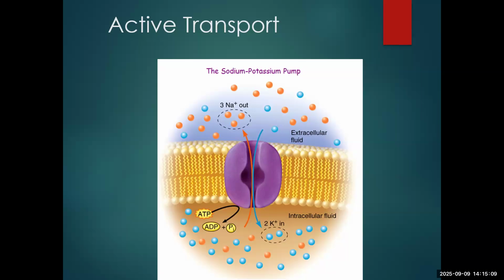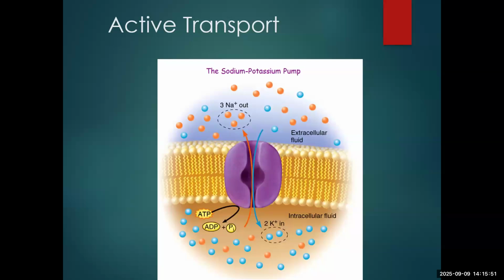Let me just tell you that this process of the sodium potassium pump throughout your body accounts for 50% of the calories that you eat every day. I want to say that again. This is so important to maintain this disequilibrium across the membrane that about half of the calories that you eat every day are used to produce enough energy to power all of these proteins that act as sodium potassium pumps.